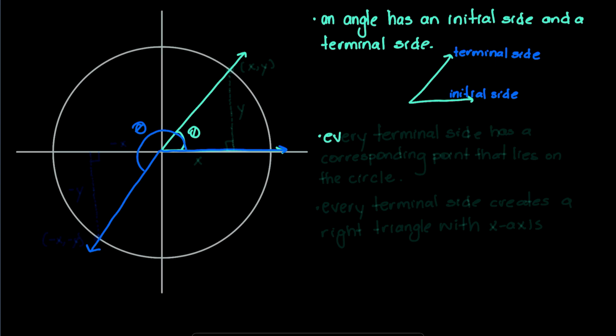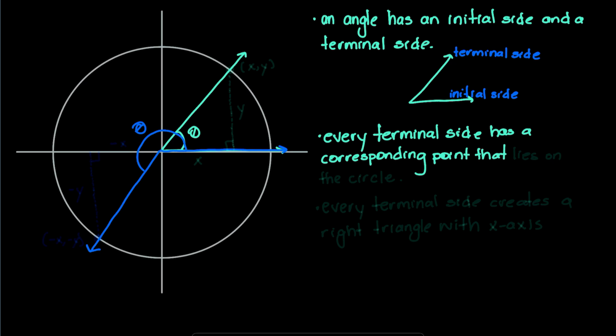Every terminal side has a corresponding point that lies on the circle.